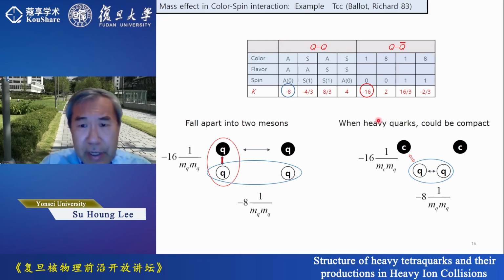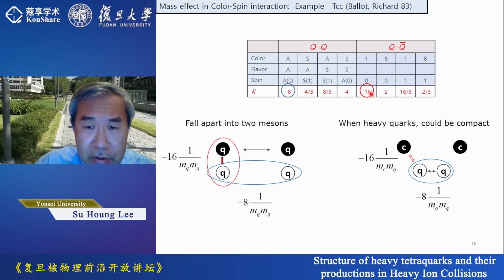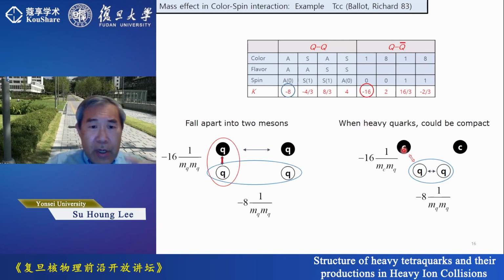On the other hand, when you have heavy quarks, these color spin interactions are usually scaled with constituent quark masses. So, for example, if you have quarks which are both heavy and antiquarks which are light, then the quark antiquark attraction, which was responsible for these tetraquark states just falling apart into a meson configuration, will not cause that, because now it is scaled by the heavy quark masses, whereas the large diquark attraction still remains.